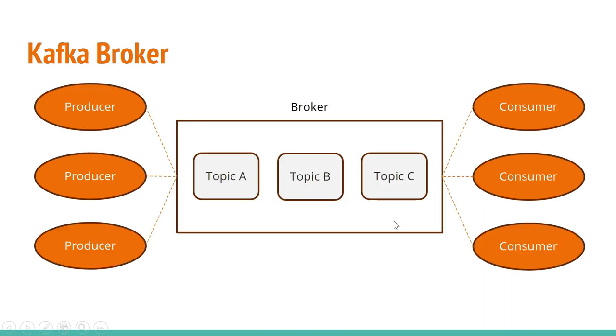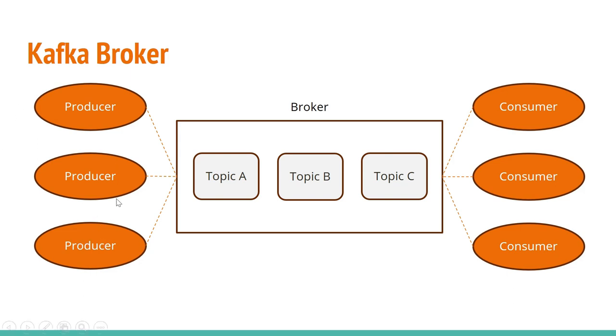And this topic resides inside a machine, and that machine is called a broker. You can think of a Linux machine where Kafka is running, that is one broker, or we may have a Windows machine where Kafka is running, that is also one broker. And inside a broker, there might be multiple topics.